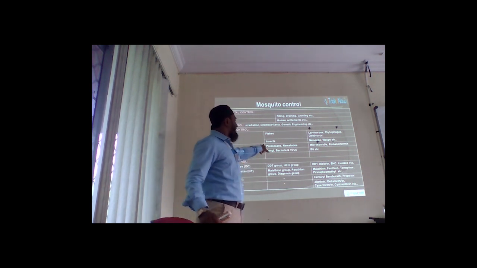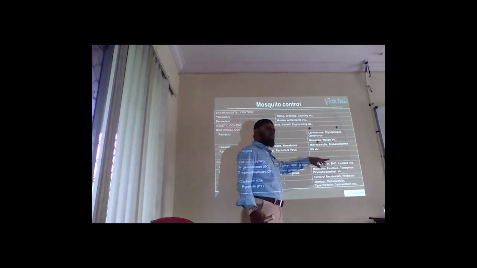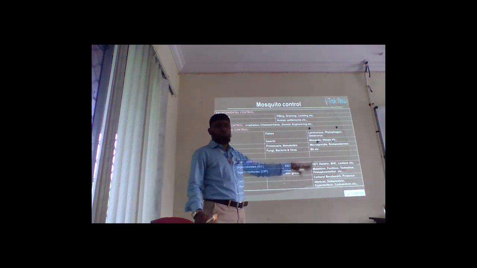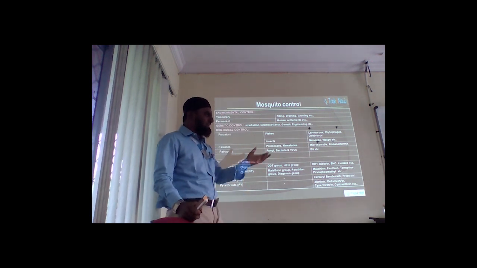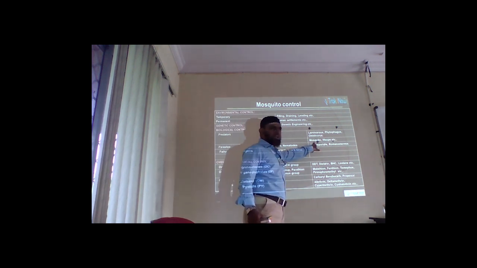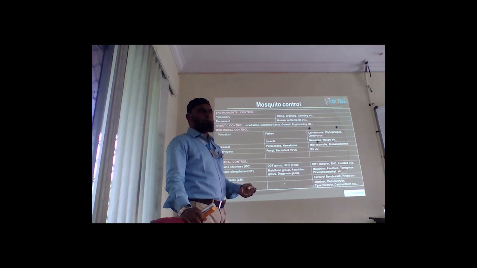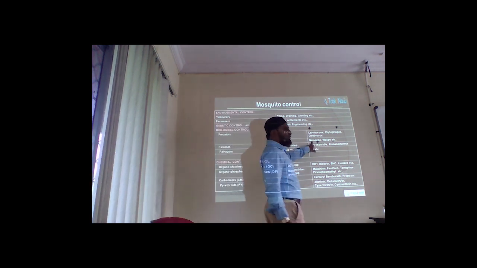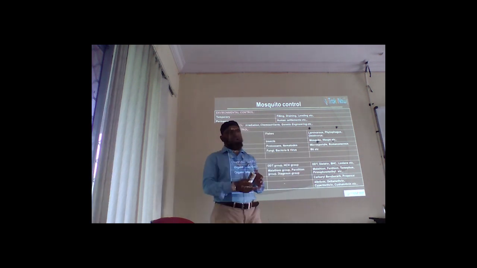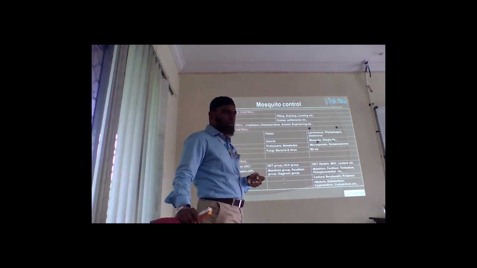Then the insects. Mosquito is an insect, so biological control for mosquito. Did you understand this? Mosquito itself can control mosquito, how? Anyone? There are so many genera and species of mosquitoes worldwide.